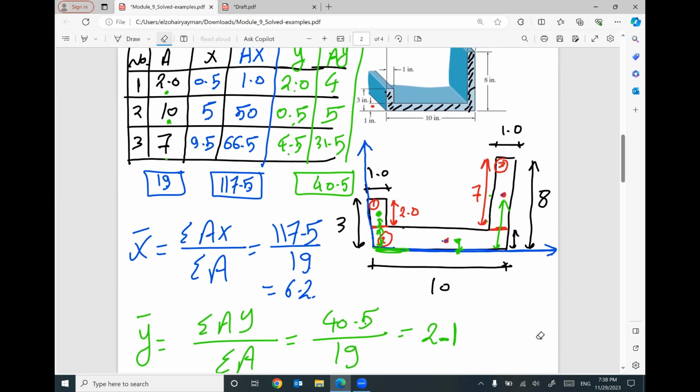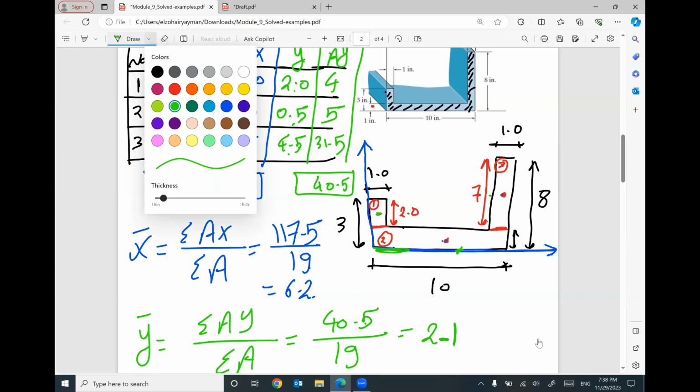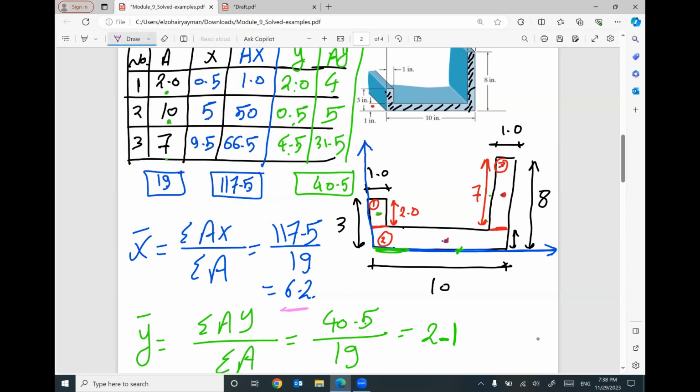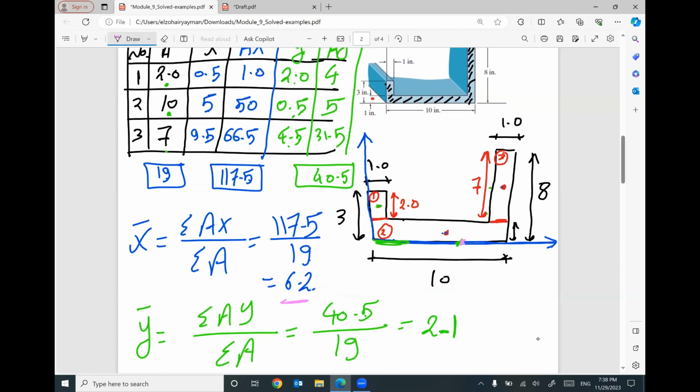So what I need to do, I will move horizontally. Distance equals 6.2. So 6.2 looks like I will be here after this centroid. And I will move vertically 2.1. 2.1 means I moved up here.